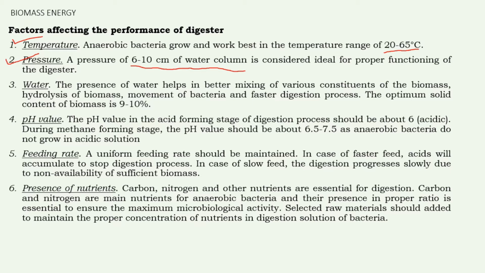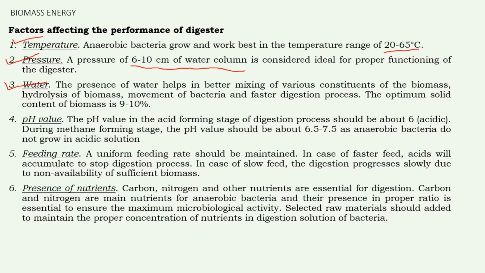Third one is water. The presence of water helps in better mixing of various constituents of the biomass and hydrolysis of biomass, and it also helps in movement of bacteria and faster digestion process. The optimum solid content of the biomass is about 9 to 10%.